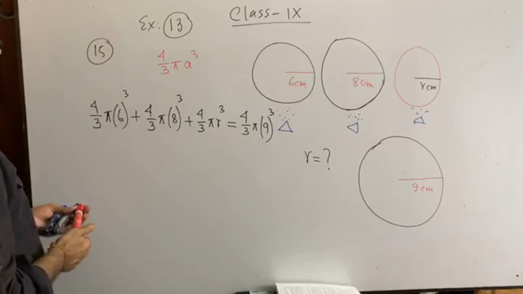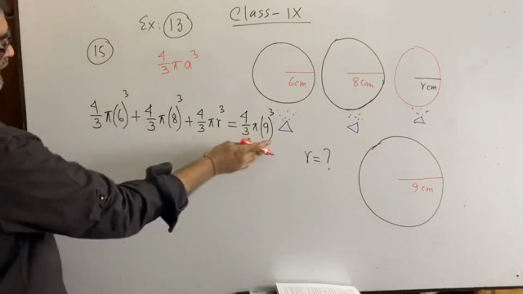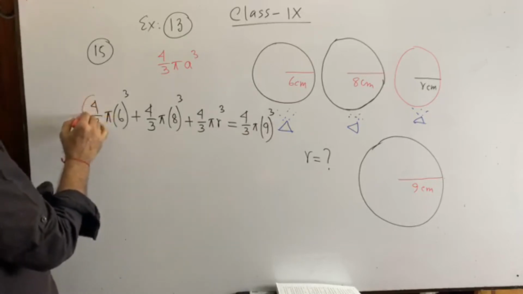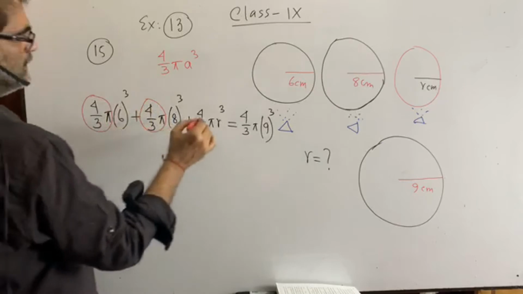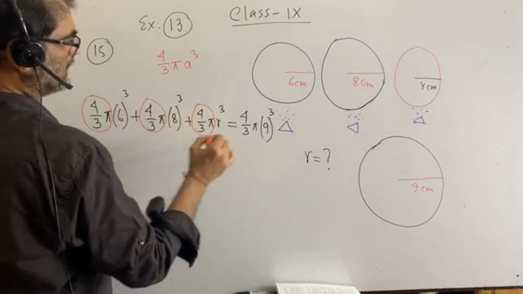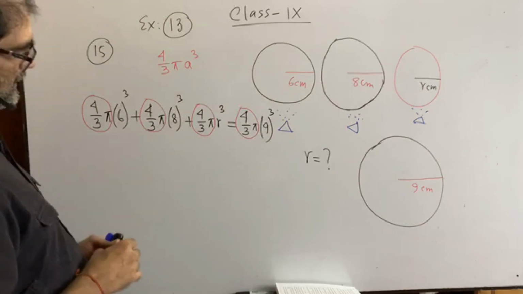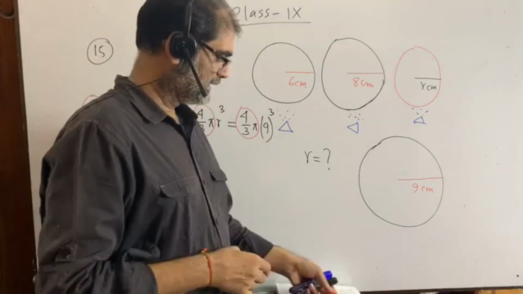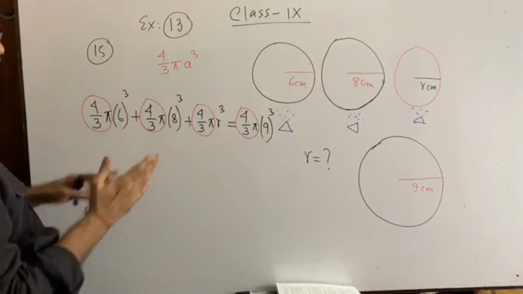Now you see, everywhere in this equation we are getting 4/3 pi. Right? Now we can divide both the sides by 4/3 pi.